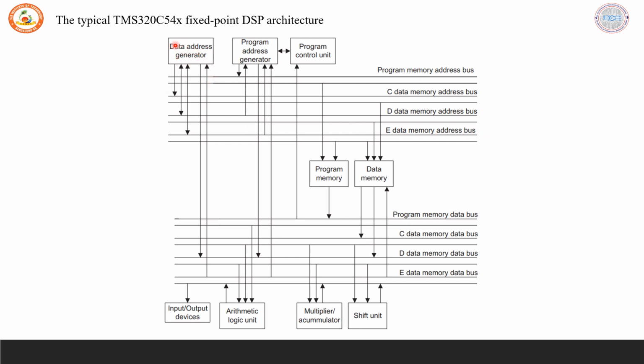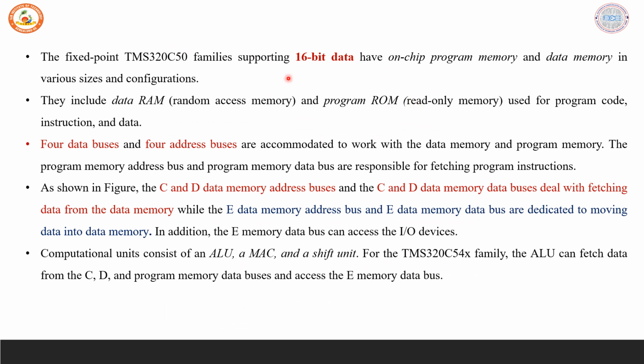There is a data address generator. There is a program address generator. There is a program control unit. It has options for input-output devices. We have the arithmetic logic unit. We have the multiplier/accumulator, and we have the shift unit. The TMS320C50 family supports 16-bit data.